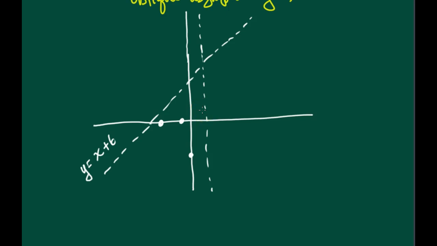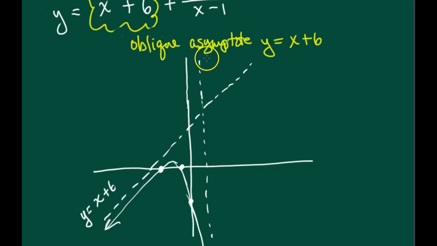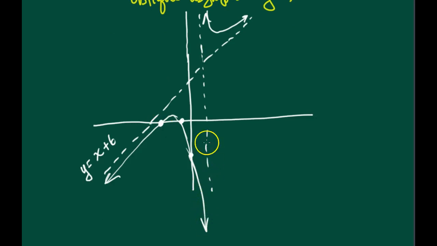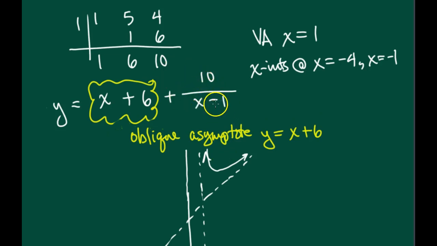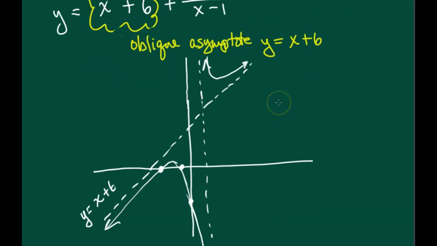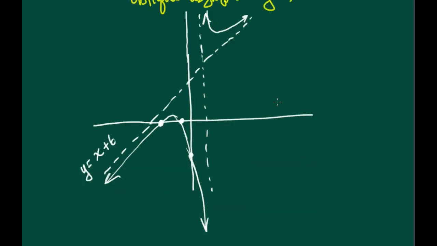Now, if I think about connecting all of these dots, I get something like this, with a big down asymptote next to x equals 1, and a big down asymptote next to that oblique line, and then up here I have its counterpart. The reason it goes like that is because at x equals 1 we have a zero of multiplicity 1, so those asymptotes go in opposite directions.